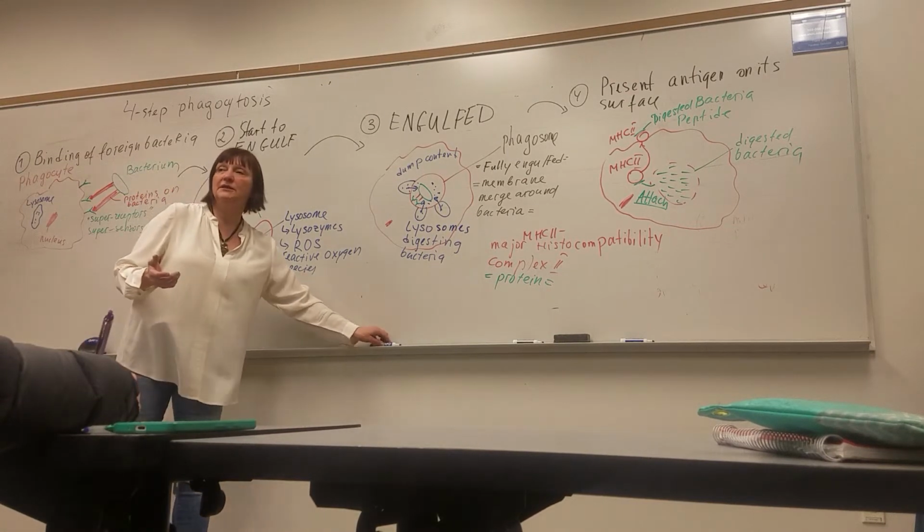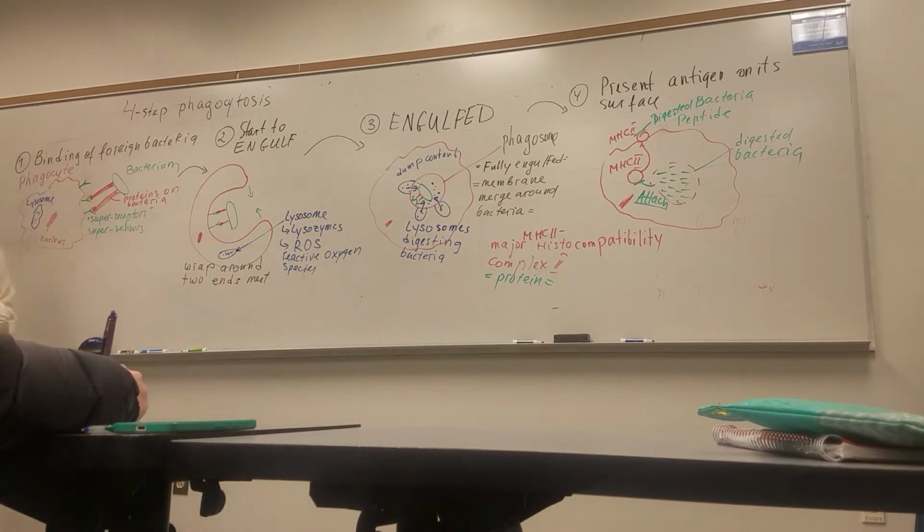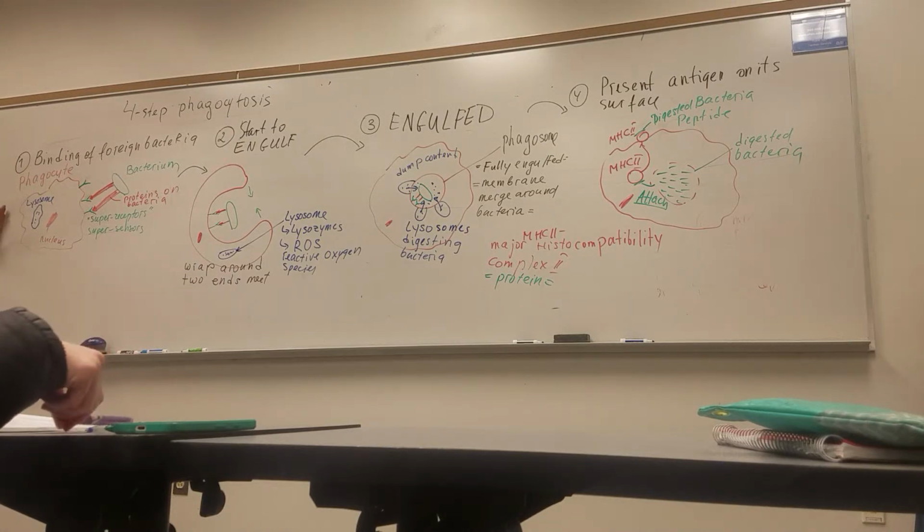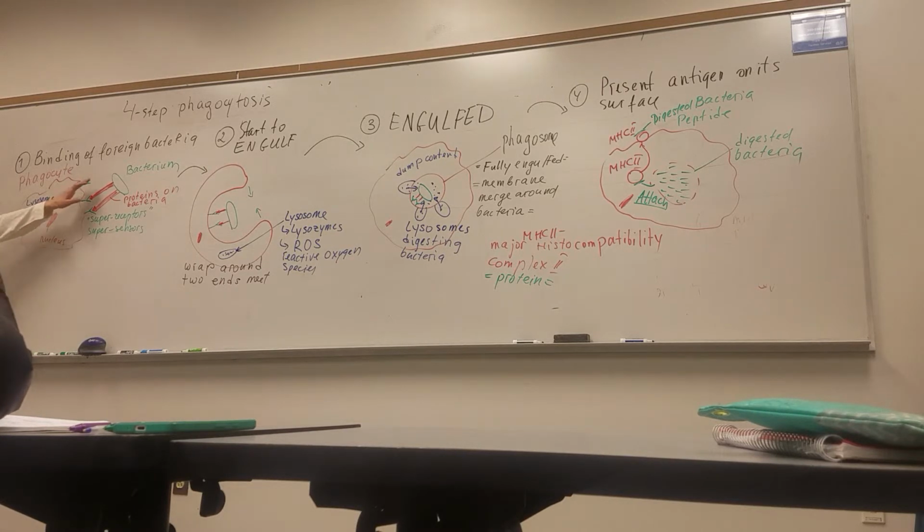How does antibody increase phagocytosis? This first type of phagocytosis, which happens as a first line of defense before you have antibody against this bacteria present, is kind of slow.